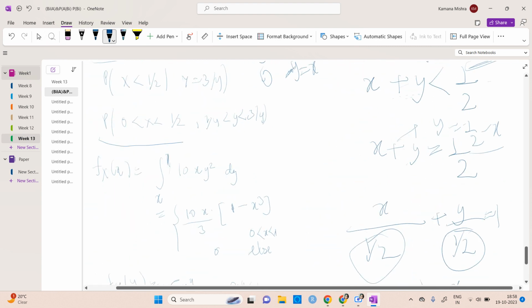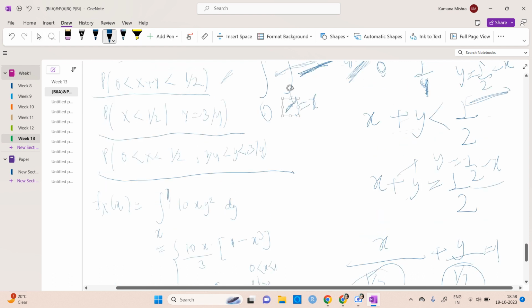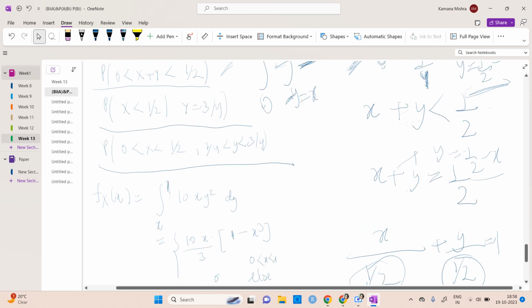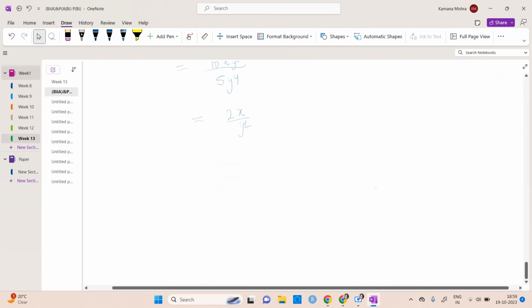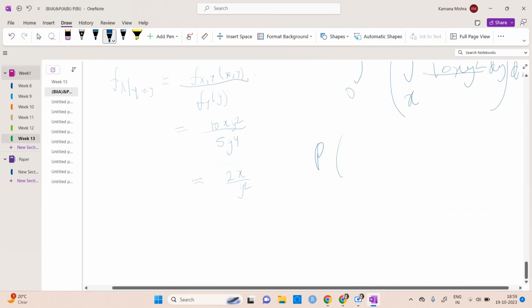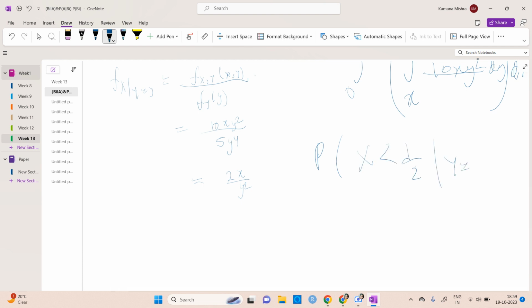Now the next is this. So x less than 1 by 2, and y is equal to 3 by 4. So now what you need to do is find the probability of x less than 1 by 2 given y is equal to 3 by 4.